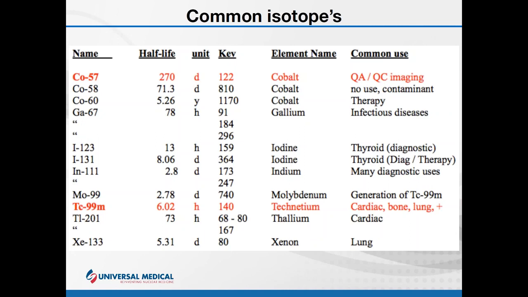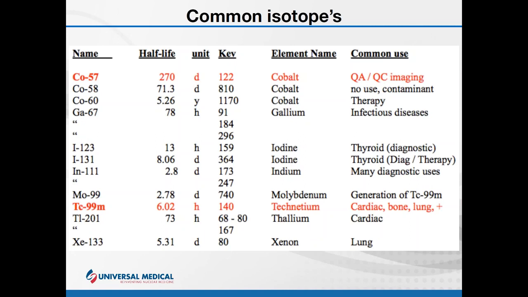If you happen to be dealing with a technologist who's been around for quite a while, you might hear the term cookie. Originally, the detectors were all round, and because the detectors were round, the sheet sources were round to accommodate them, and they kind of looked like a cookie, so that was a nickname that was given to them. And so there are some technologists who still actually use that term. I still use that term occasionally.